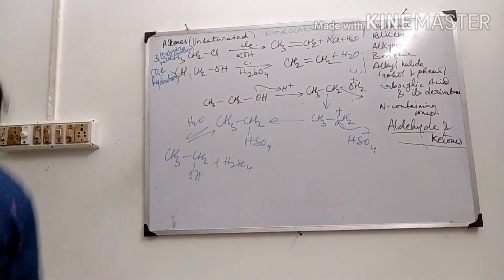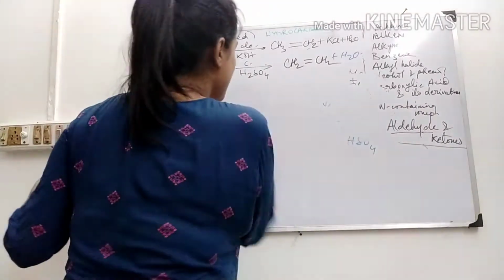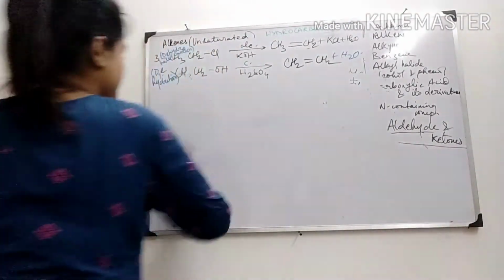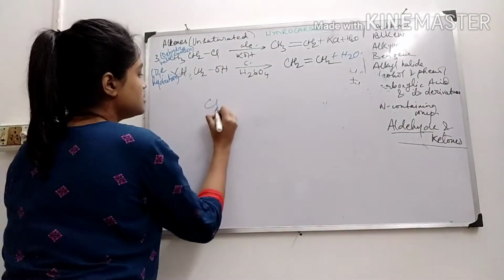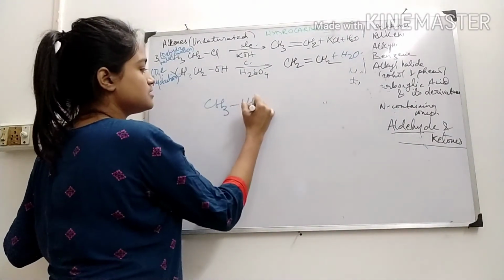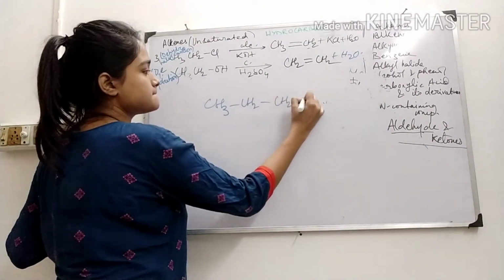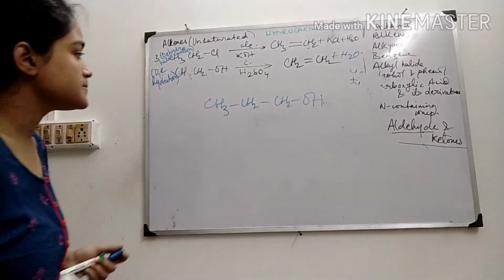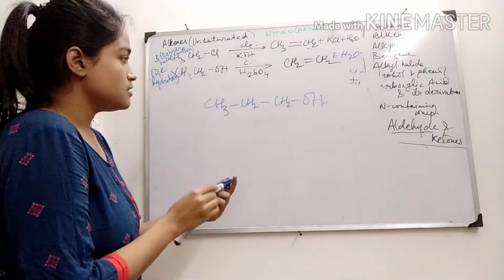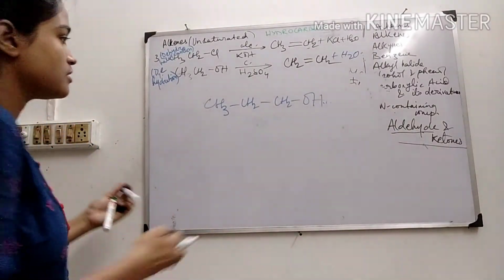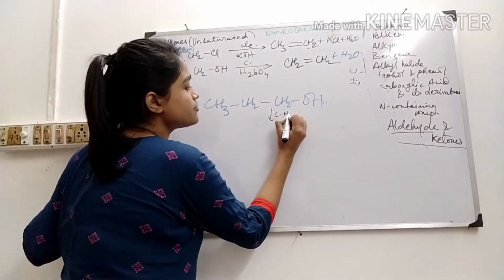Now suppose the alcohol that we take is like this, butan-1-ol. I am adding concentrated H2SO4.